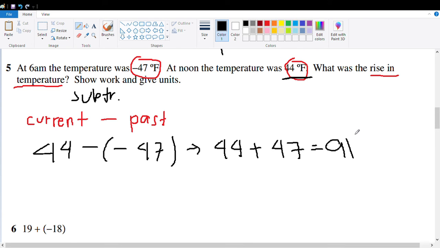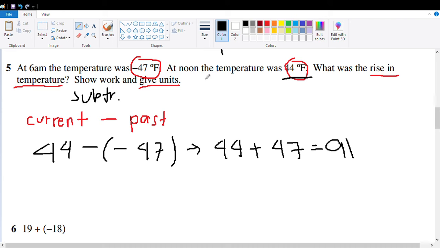Wait. If you just write 91, you get your answer wrong. Why is that? If you read the problem really carefully, you're supposed to give units. Does 91 have units? Not right now, right? So what is the unit? What's the most appropriate unit for this one? Are we talking about AM?